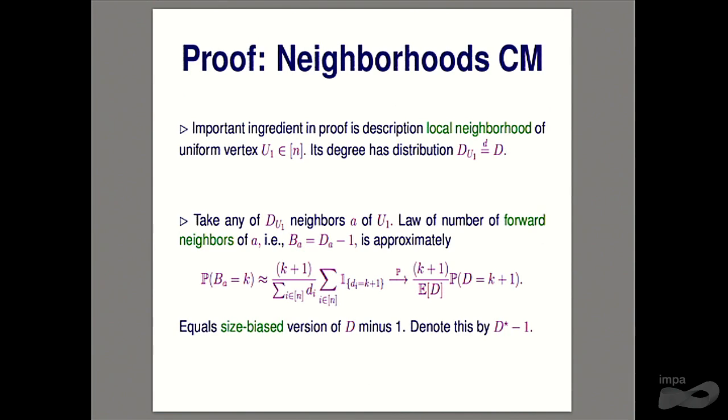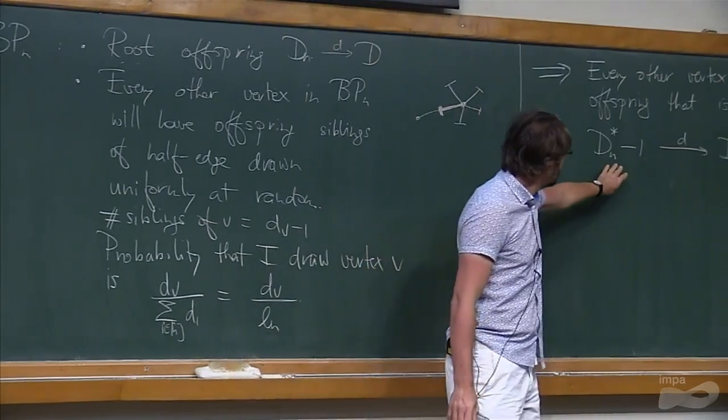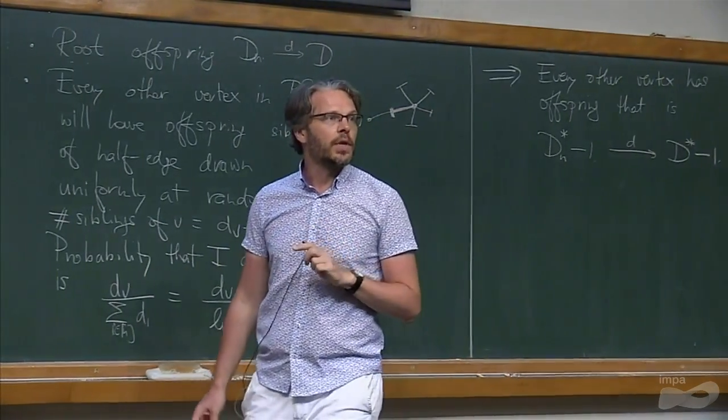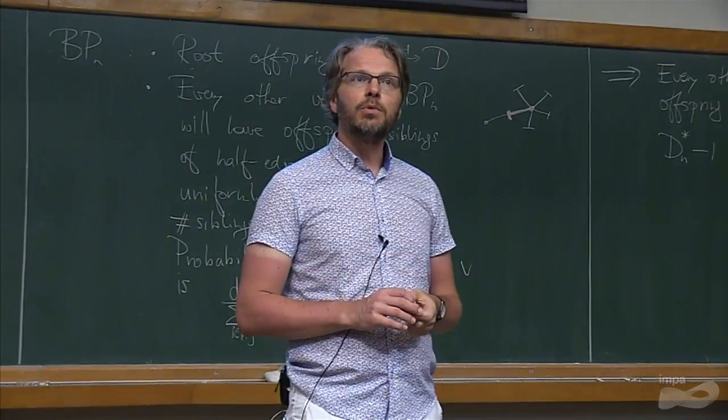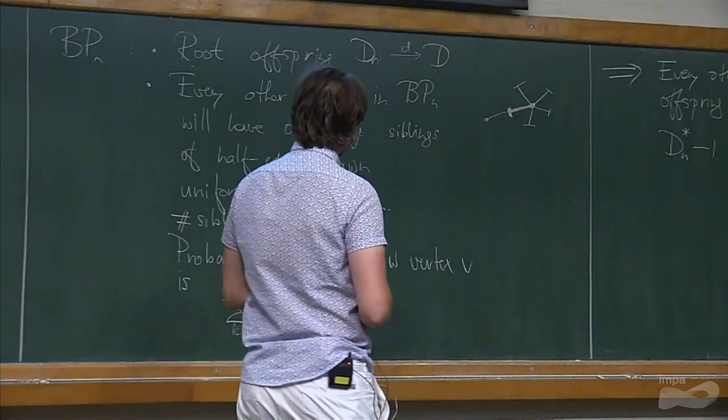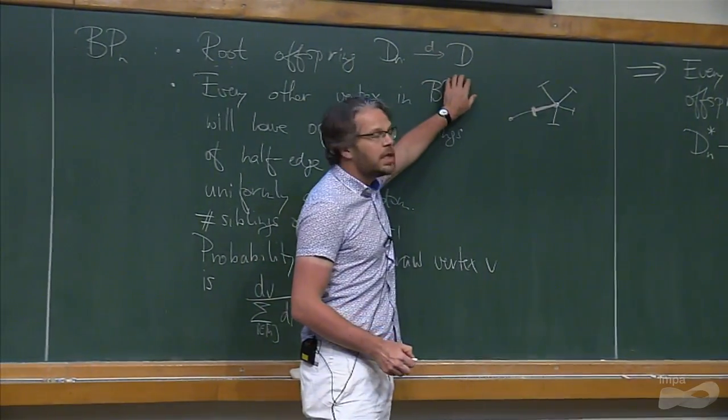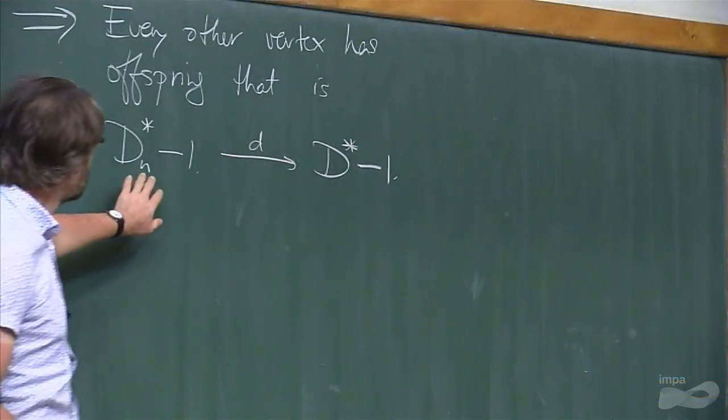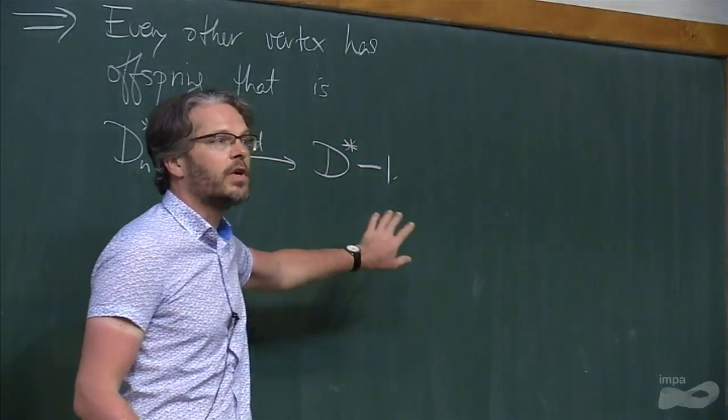Now, this means that I have a branching process. It has an n-dependent structure because the root distribution and the distribution of every other vertex depends on n, but they both converge in distribution. And this is an integer random variable, this is an integer random variable, this is an integer random variable, and that is an integer random variable.